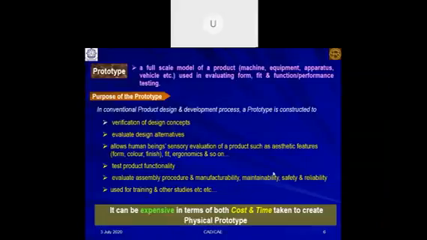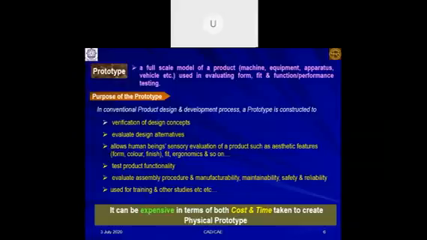And after testing and evaluation, the prototype is wastage. You have to throw it away. Sometimes it is destructive testing, sometimes non-destructive testing, and this is not a commercial product. It is only for evaluation purposes. That means you have to throw it, so it is expensive.